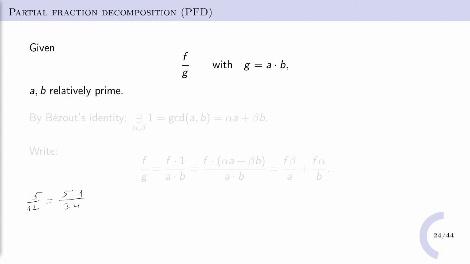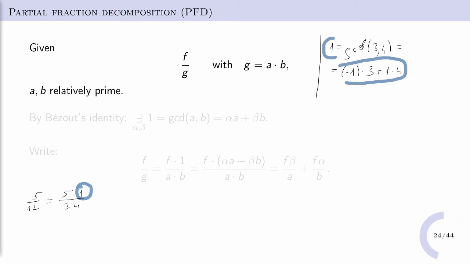So 1 is the greatest common divisor of 3 and 4, and using the Bezout identity, we can write 1 as a linear combination of 3 and 4. We can write it as minus 1 times 3 plus 1 times 4. We will use this equality to replace the 1 here.